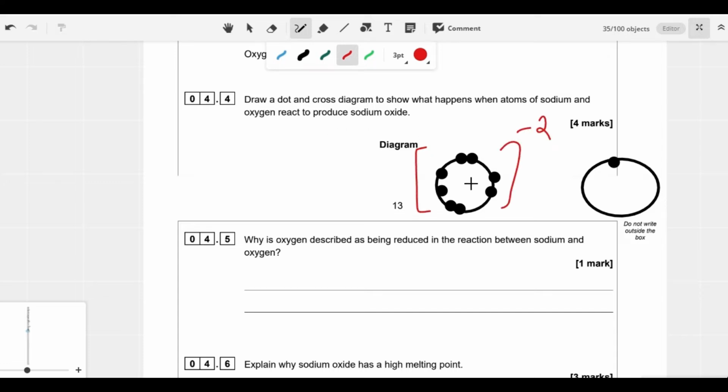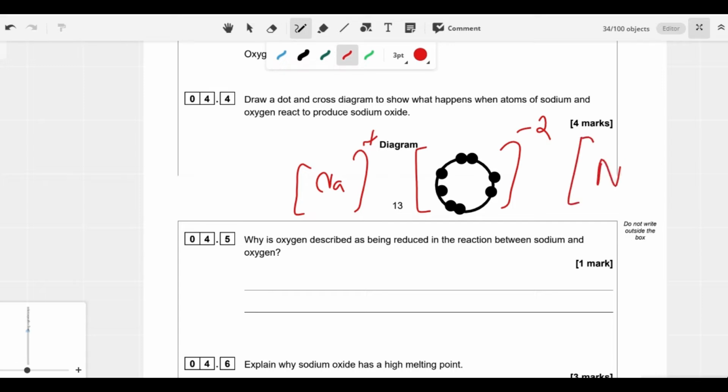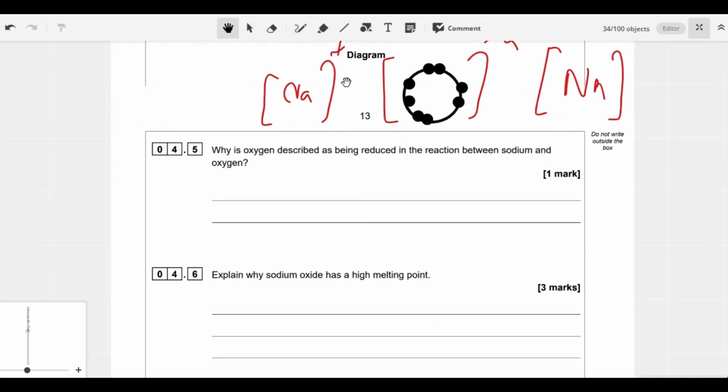I draw only the outer shell. The sodiums contain the positive charge, and you have to draw the shells as well. In this way you draw only 2 shells for both sodiums, 2 shells each, and the last shell contains 8 electrons because the final shell is removed when they lose the electrons.